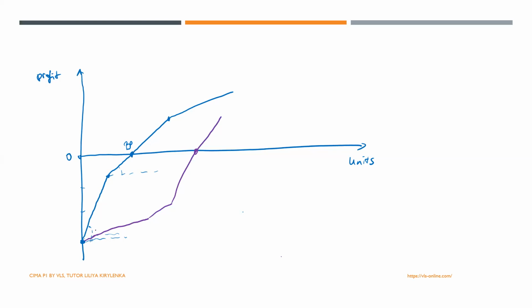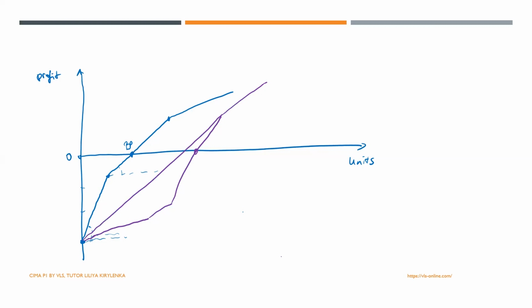And even if we had some average output, average product mix, so we would produce 1 unit of product A, 1 of product B, and 1 of product C, then the slope will still be not as upward as in the first case. And again, our break-even point would come later.